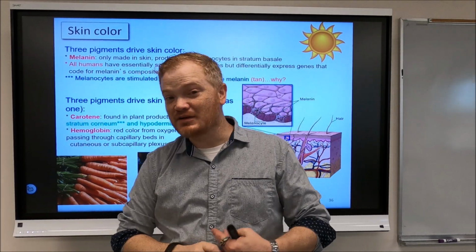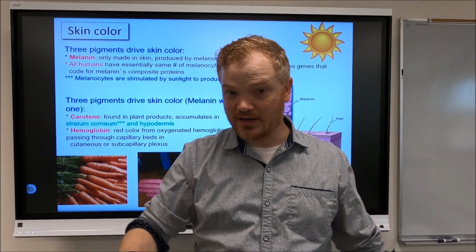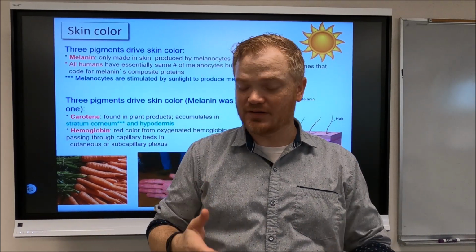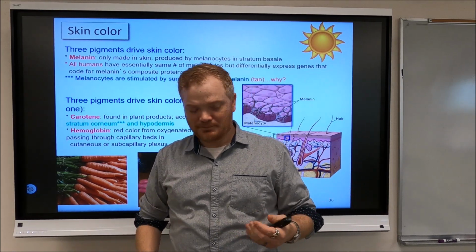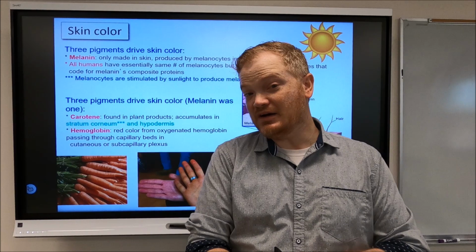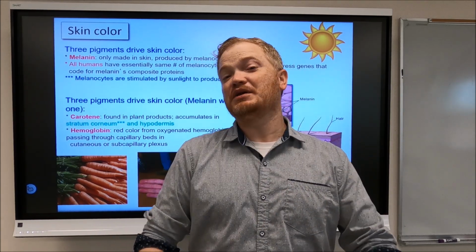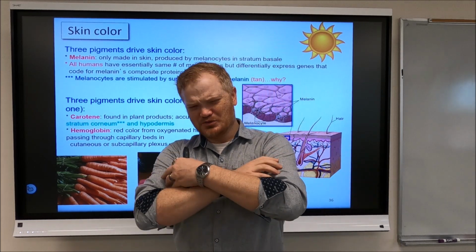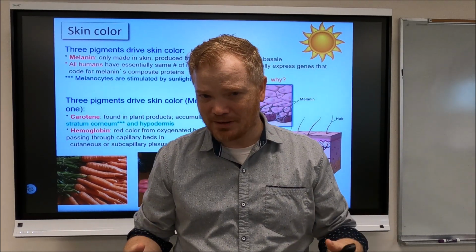And we have a reason for producing melanin, and that is that it protects us from ultraviolet radiation. It protects us from sunlight. And you know this. If you were to start playing guitar all the time, the ends of your fingers would toughen in response to the stresses you place upon them. If you start lifting weights all the time, your muscles will enlarge and become stronger in response to the stresses that you place upon them.